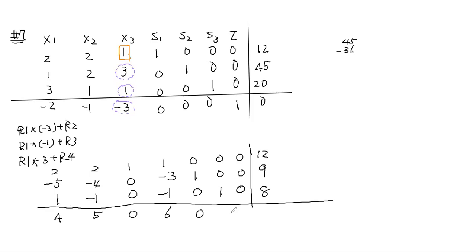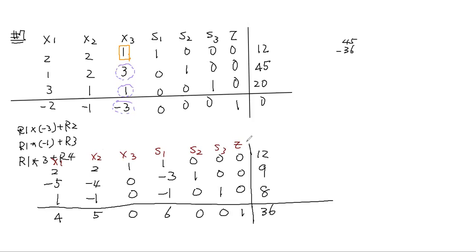And this is 0, and this is 0. And this is 1. Times 3, so this is 36 here. Now this is the tableau with x1, x2, x3, s1, s2, s3, and z.